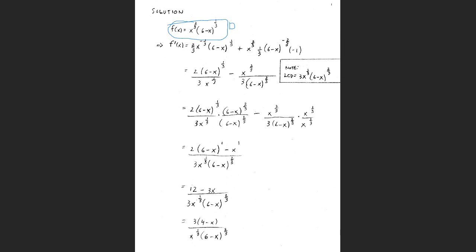You can do any problem, right? But the domain is going to be from negative infinity to infinity. All real numbers.